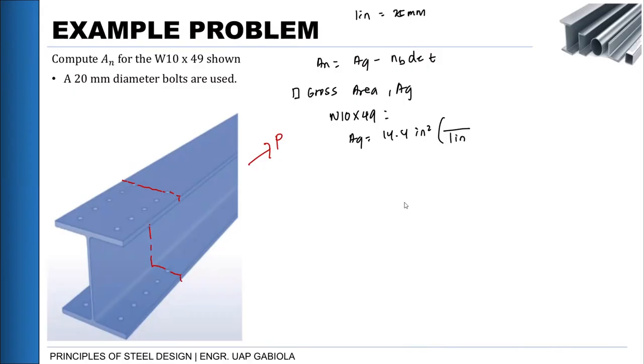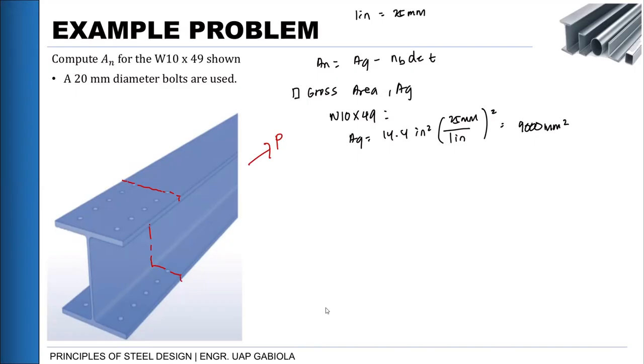Okay? So, 1 inch, 25 mm squared. So, ang AG natin in mm squared is 14.4 times 25. That is 9,000 mm squared. Okay? Yan yung AG natin.